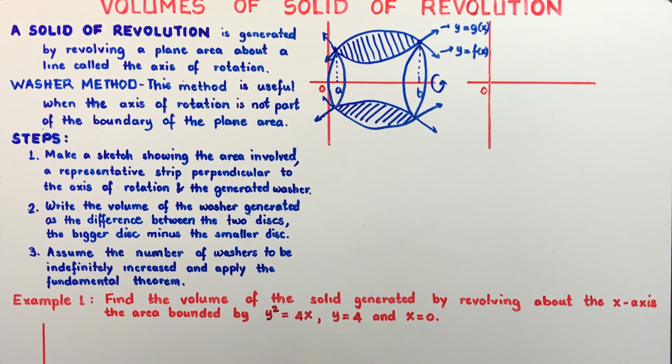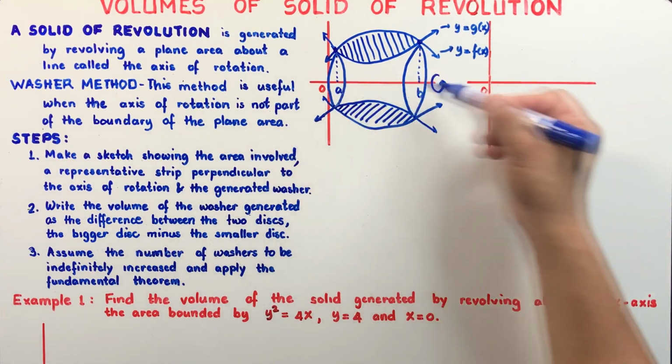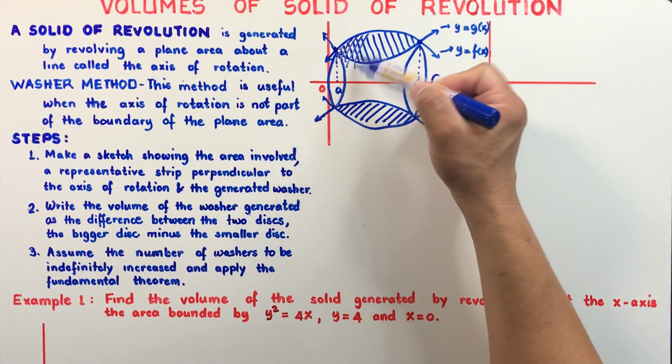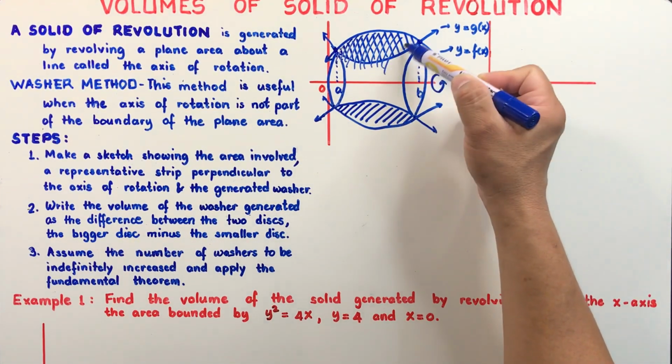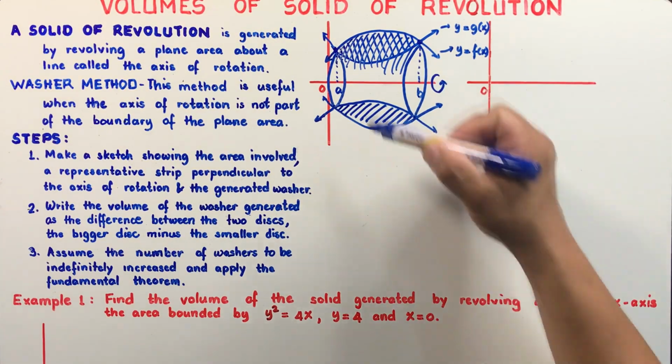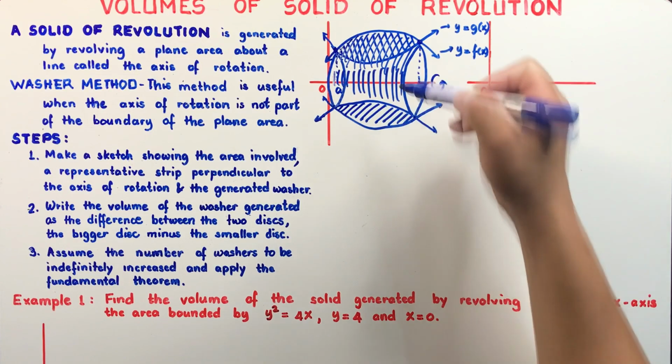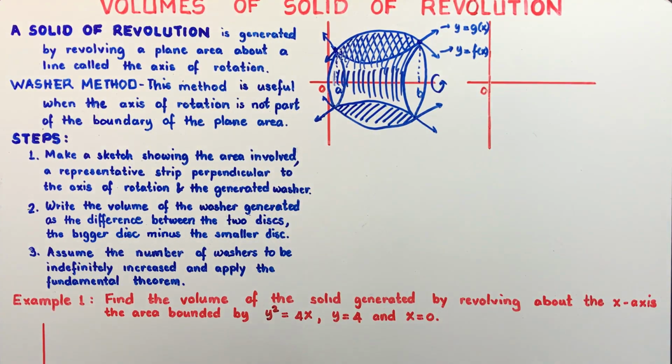It's a solid with a hollow at the middle. So this is now the figure formed by this revolution, a solid figure with a hollow at the middle. And our goal is to find the volume of this solid.